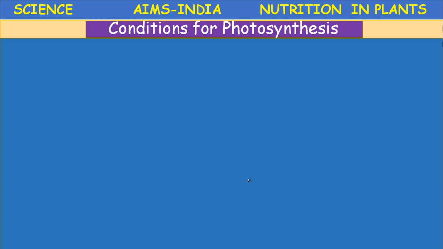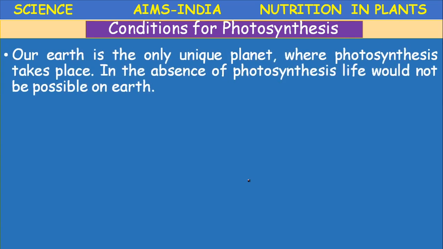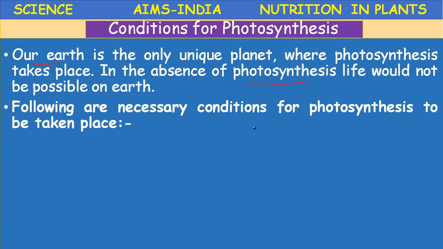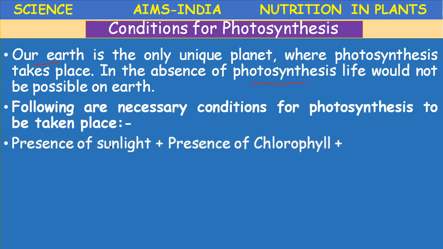Next, conditions for photosynthesis or requirements of photosynthesis. Our Earth is the only unique planet where photosynthesis takes place. In the absence of photosynthesis, life would not be possible on Earth, isn't it? Definitely. Following are the necessary conditions for photosynthesis to take place.